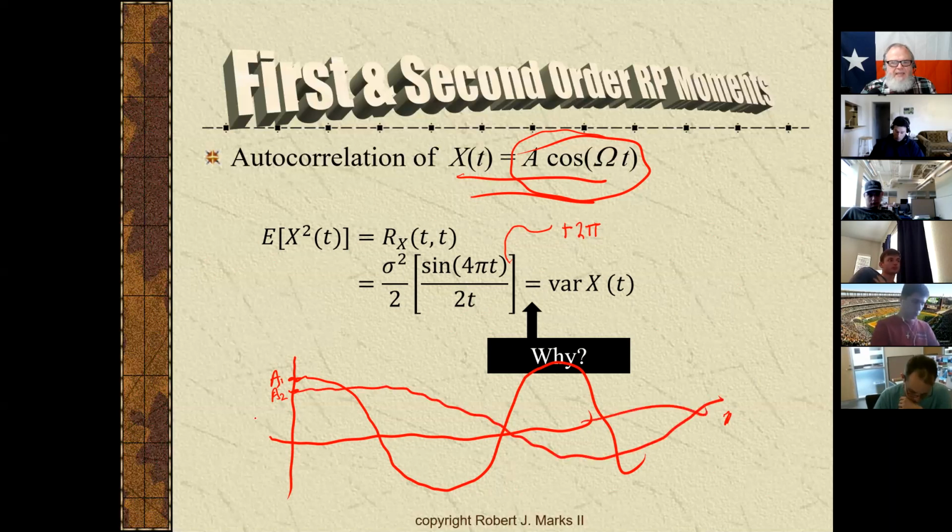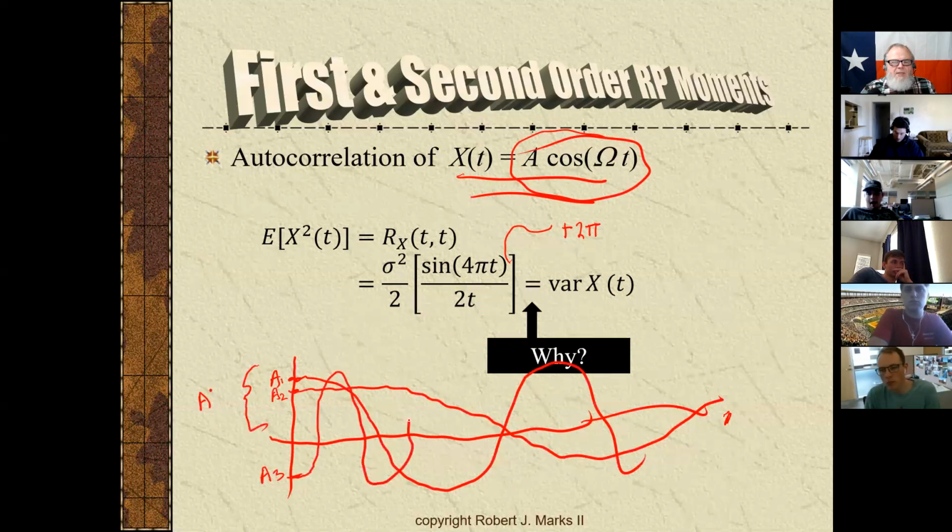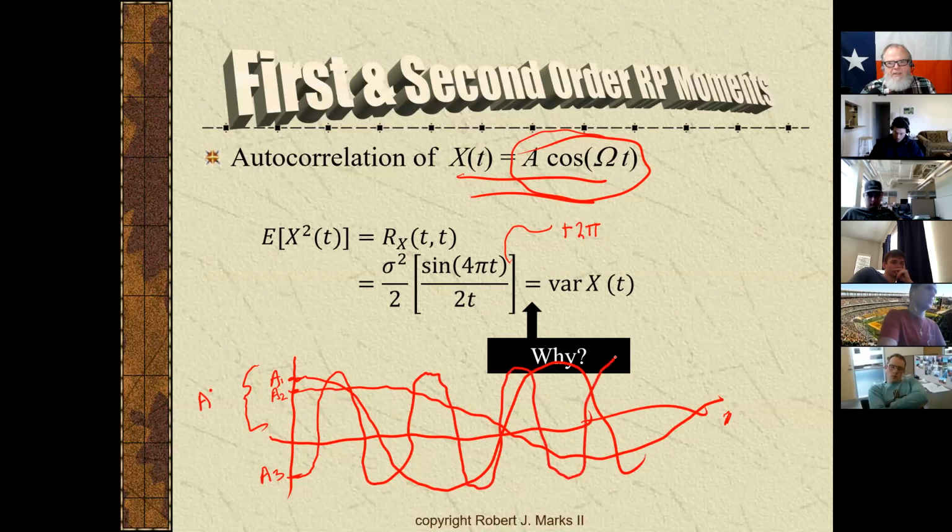But the interesting thing is that I'm always going to start out with an amplitude greater than 1, right? Now, I guess the amplitude can go negative. Okay, I stand corrected. So the amplitude can go negative here too. So we could have another sinusoid that looks like this, right? So we have all of these different sinusoids.